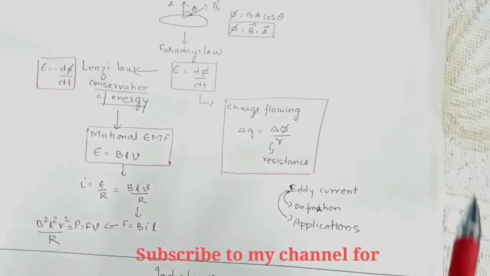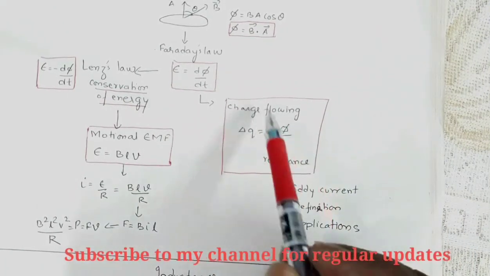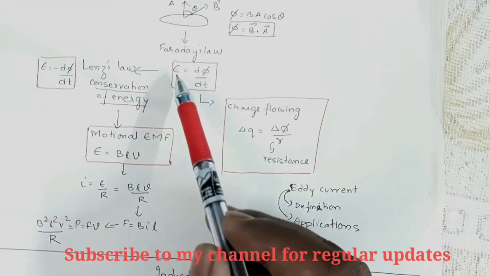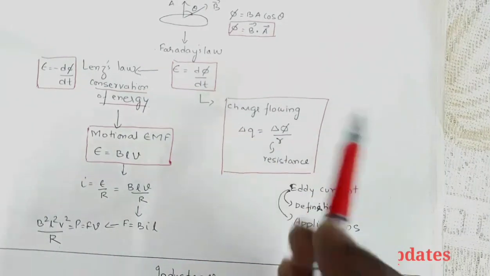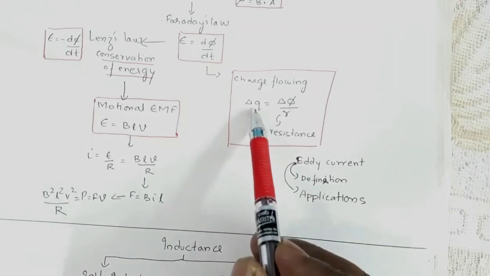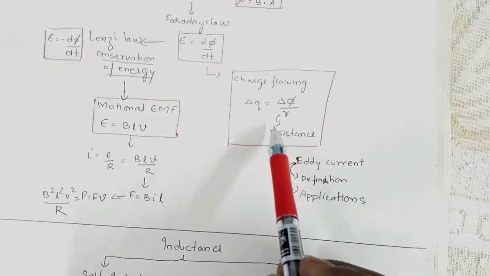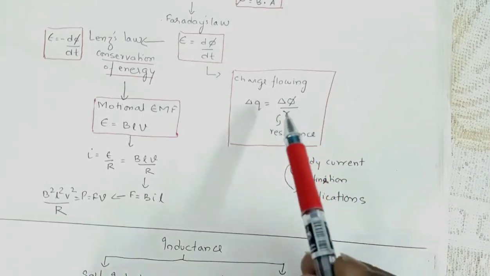Now you may also be asked to calculate the charge flowing when there is a change in magnetic flux. There is an induced EMF. If by virtue of this induced EMF there is a flow of current, then what is the charge flowing through the conductor or the loop? That expression is delta Q, the small charge that flows when there is a change in magnetic flux, equal to delta phi by R, where delta phi is the change in flux and R is the resistance of the coil.